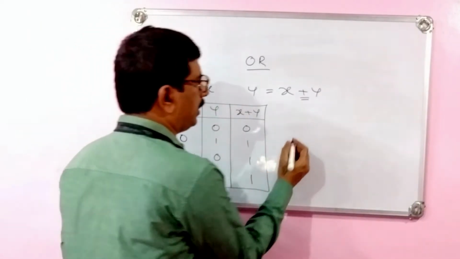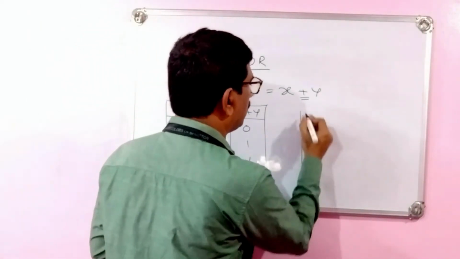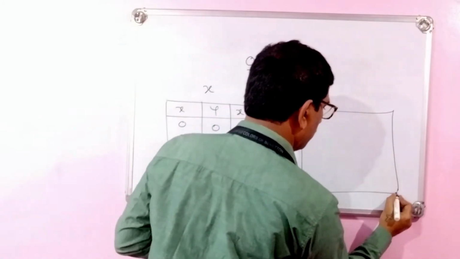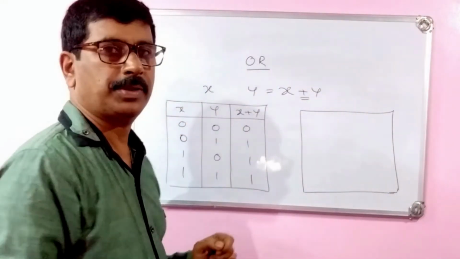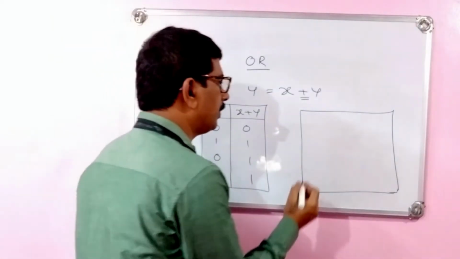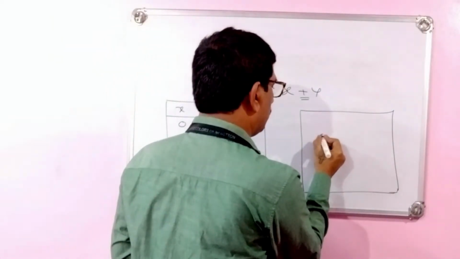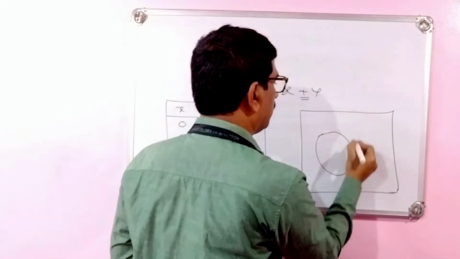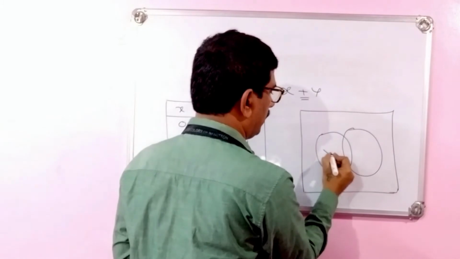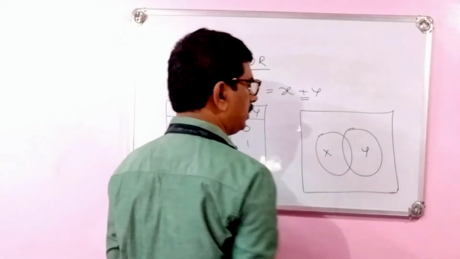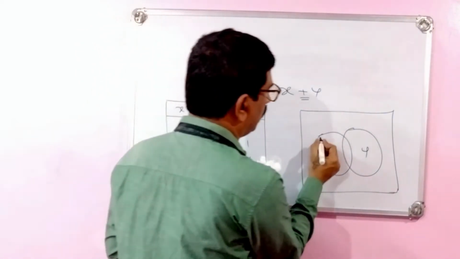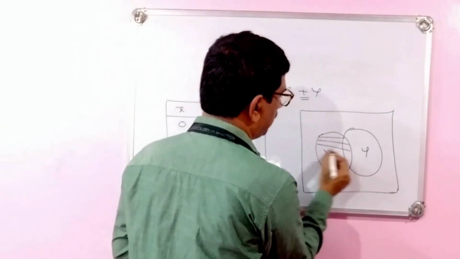And that is represented by using a Venn diagram as follows. We will take two circles, and this one we will call x and this one we will call y, and we will show both by shading.